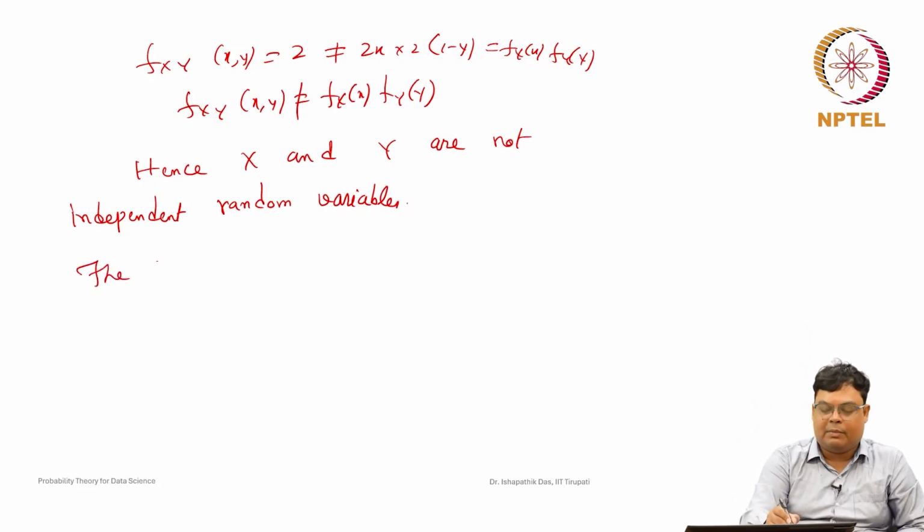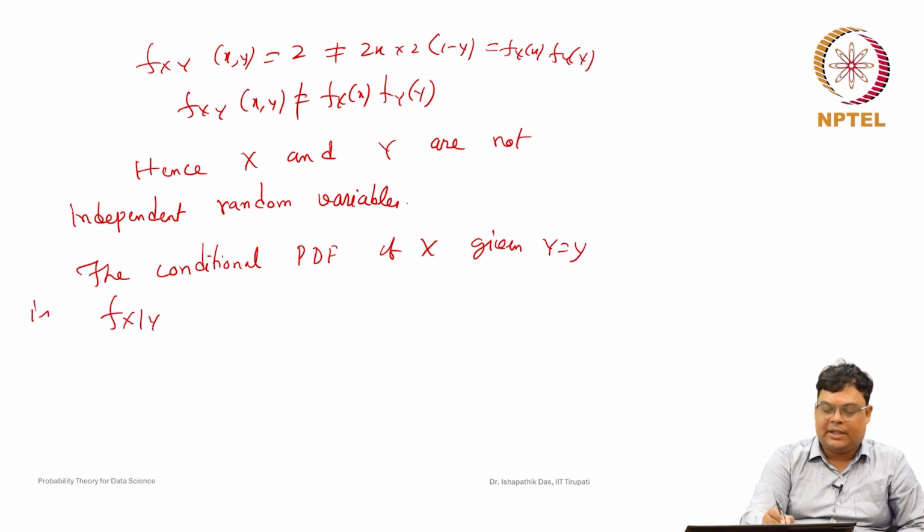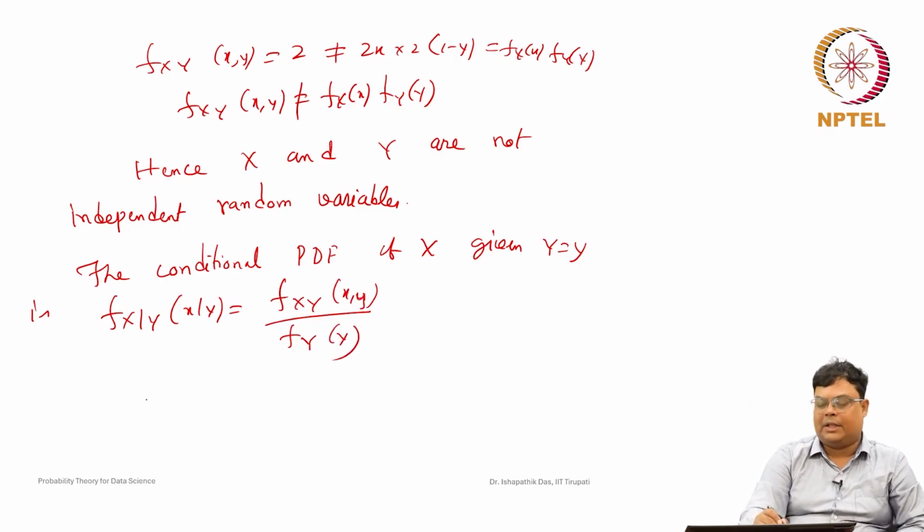The conditional probability density function of x given y = y is by definition f(x,y) divided by f_Y(y), assuming that f_Y(y) is non-zero.